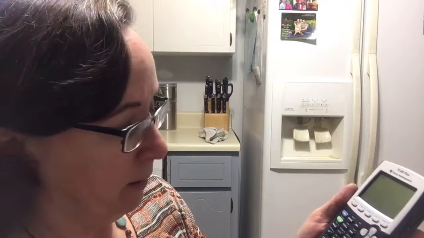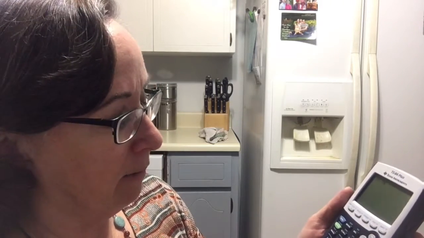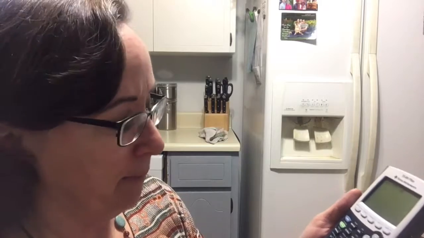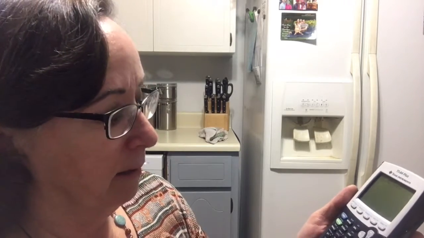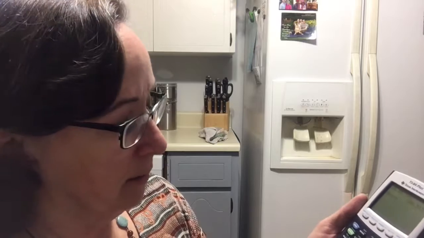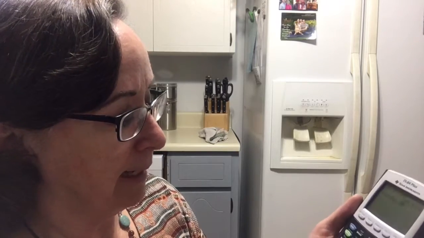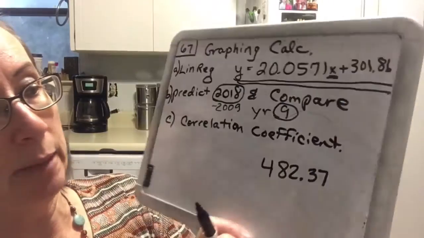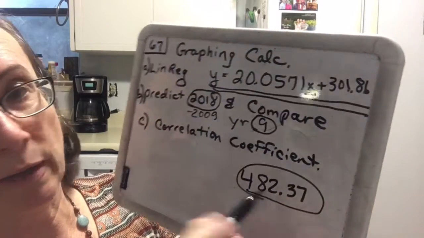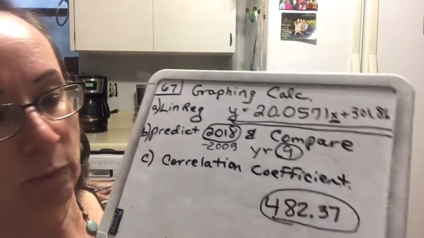Okay, so here we go with the calculator. I'm going to say 20.0571 times 9, enter, plus 301.86, and I'm going to get 482.37.